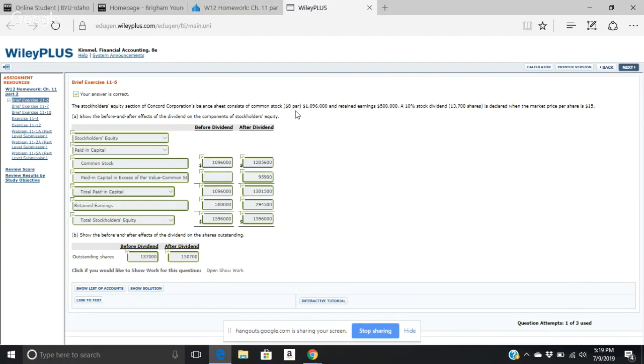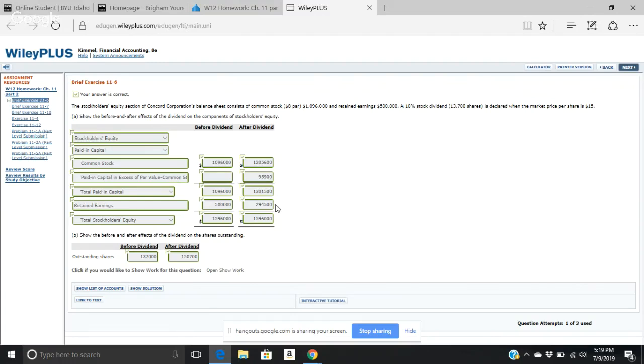And we are going to multiply that 7 by the 13,700 shares, and that'll give us the 95,900. And the total paid-in capital is simply the sum of the common stock and the paid-in capital in excess, which is the $1,205,600 and the 95,900, and that gives us $1,301,500.